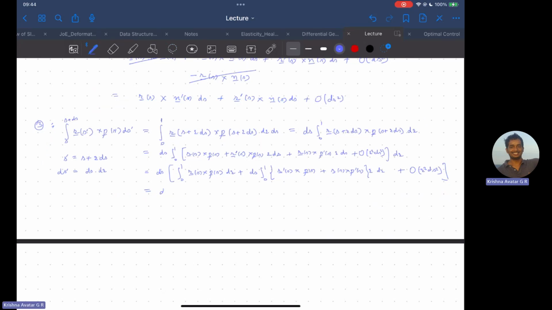Okay, so we have ds, and then you know that r of s cross p of s does not depend on epsilon. So this comes out of the integral, and we are integrating over d epsilon, so it's just one.